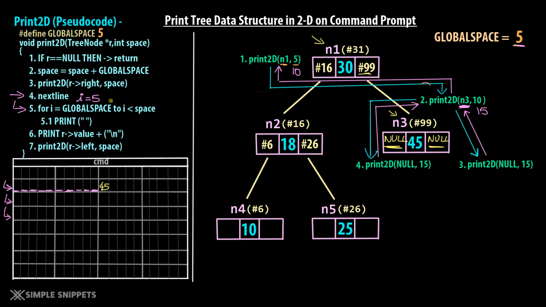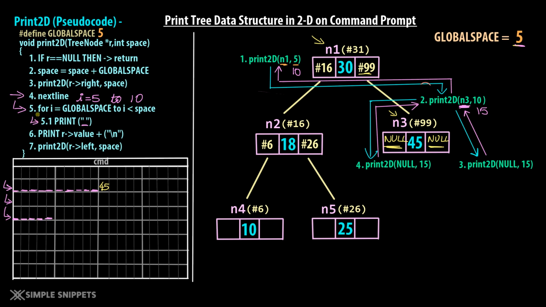So i will iterate from 5 to i less than 10, that is the value of the space variable. So from 5 to 10, this for loop will run 5 times, and it will print 5 blank spaces. That is instruction 5.1. So let's add 5 blank spaces at this position. We are at this horizontal line. So 1, 2, 3, 4 and 5.